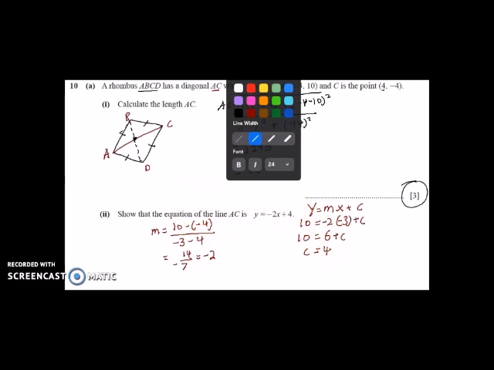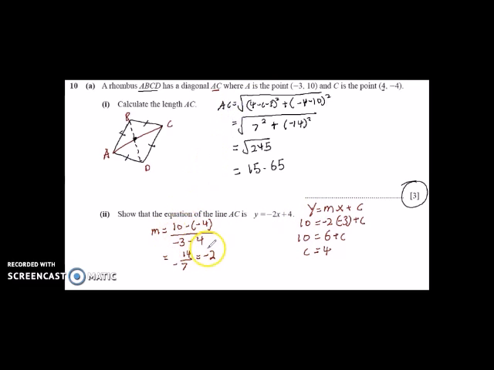So we have managed to get the m value, which is negative 2, and the c value, which is 4. Yes, you are getting y equals negative 2x plus 4. We just substitute the 4 inside here, and you are getting this answer.